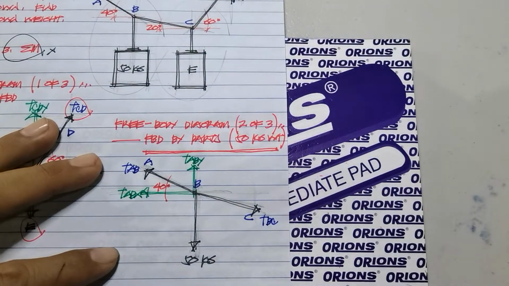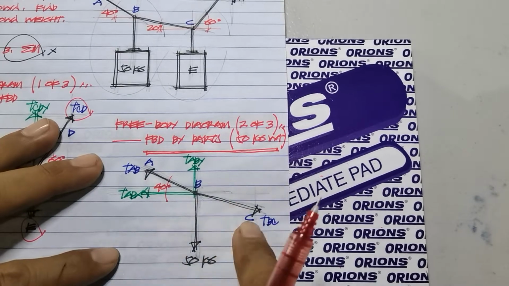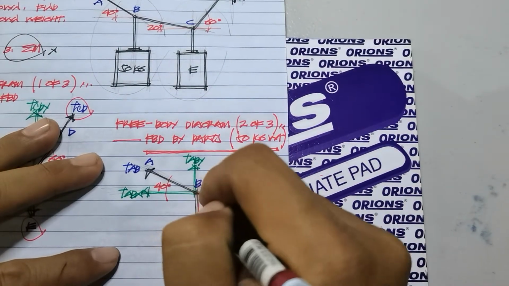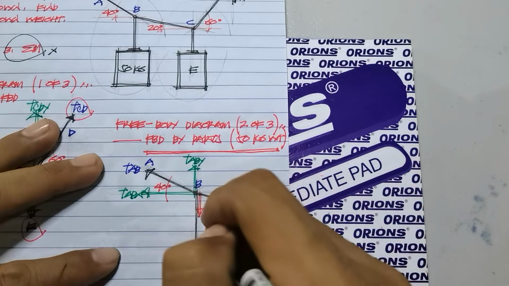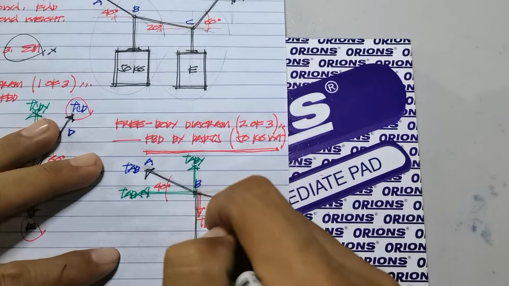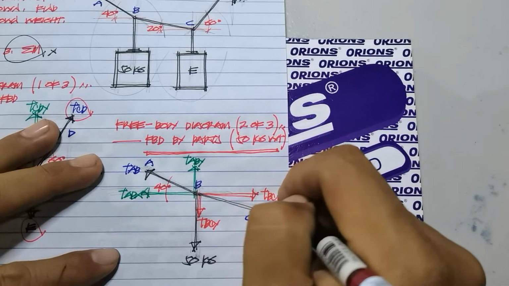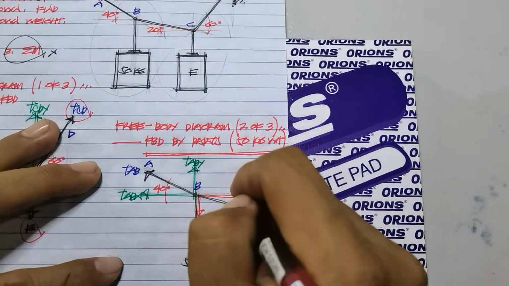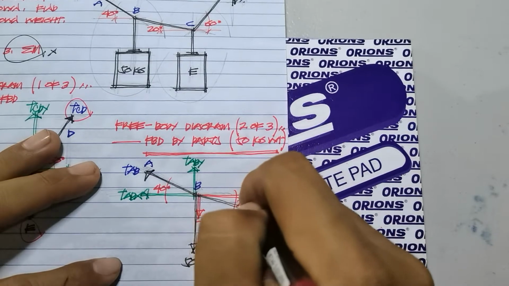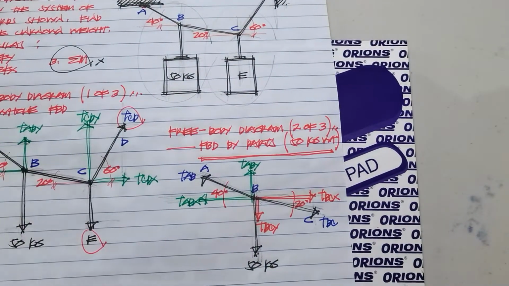Again, we have an inclined force here via tension, so we break it down. You have TBC of Y, and this is TBC of X. The corresponding angle here is 20 degrees.